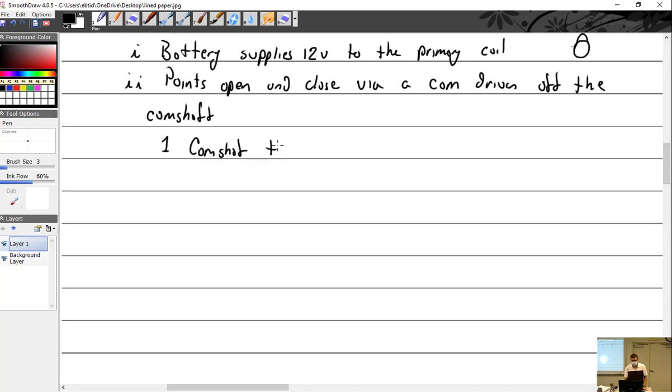Camshaft turns at 1/2 the engine speed, at 1/2 of crankshaft speed. Camshaft: half the speed of crankshaft.